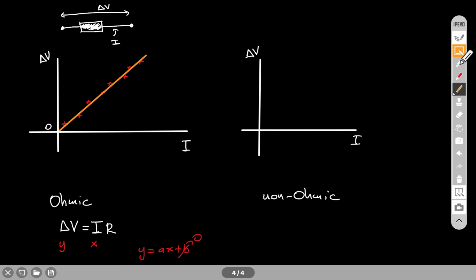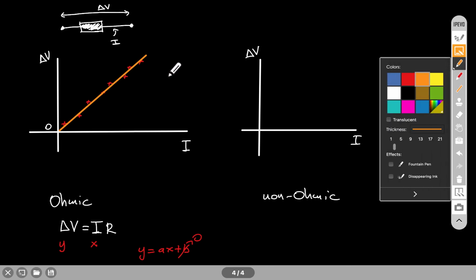From this I will find the equation ax plus b, and when you do that, you're actually finding the resistance R times I. Your b should be roughly 0, and a, the number that you get for a, is the resistance. So when this is made from ohmic materials, the relationship between delta V and I is going to be a linear one.